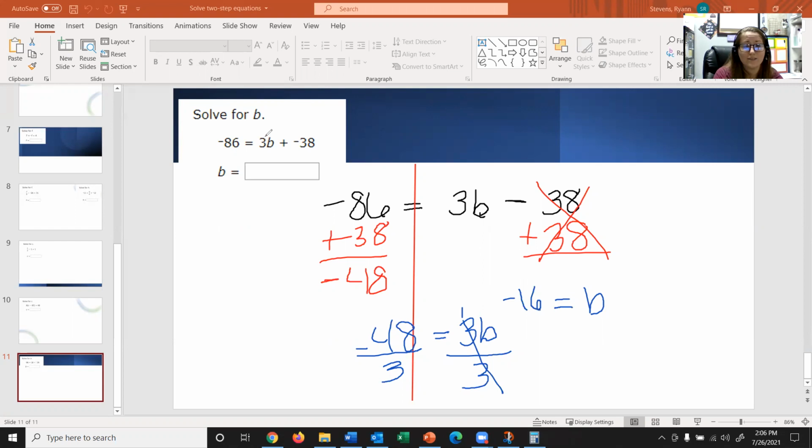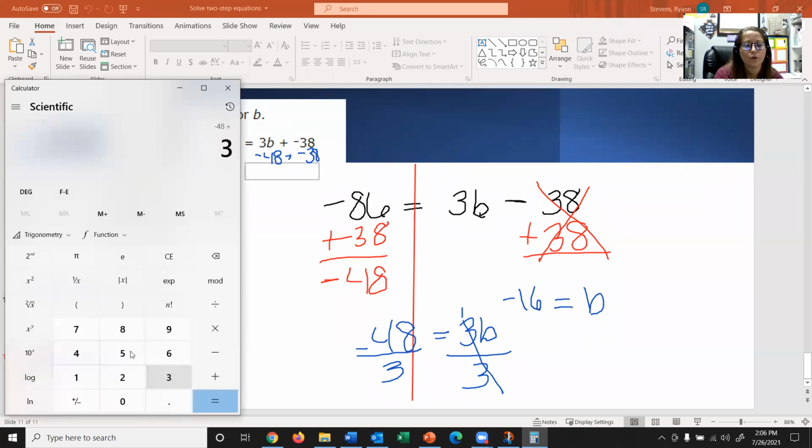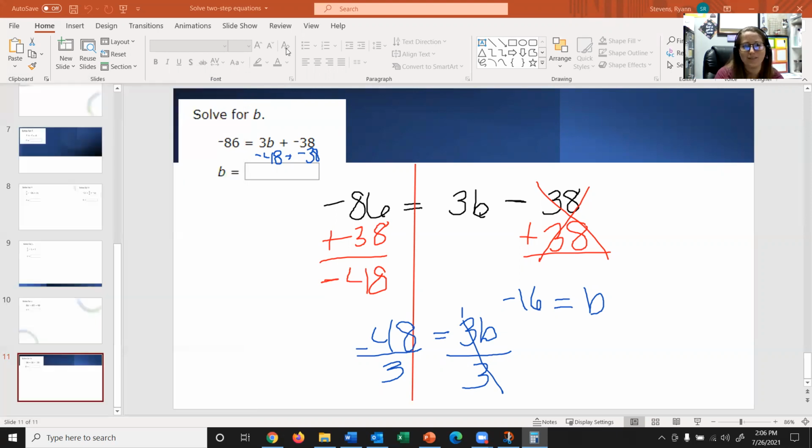Then we can check this. We've got 3 times negative 16, which gives us negative 48, plus negative 38. Negative 48 plus negative 38 gives us negative 86. So this checks as well.